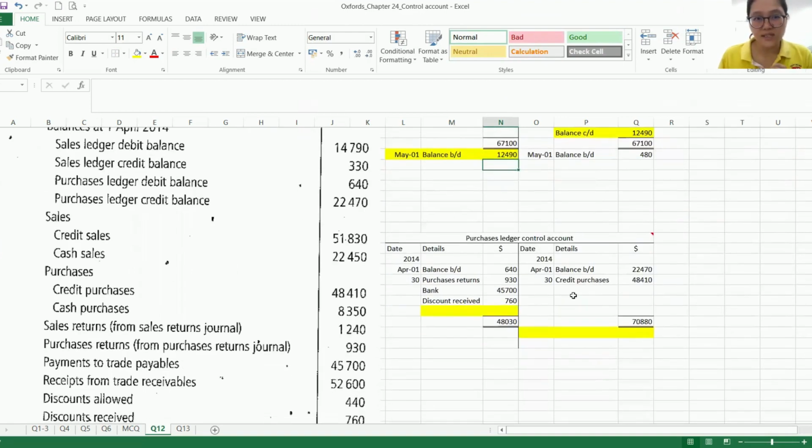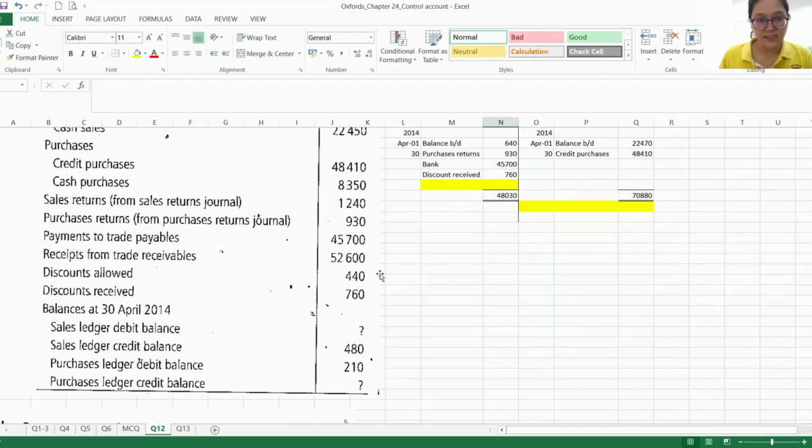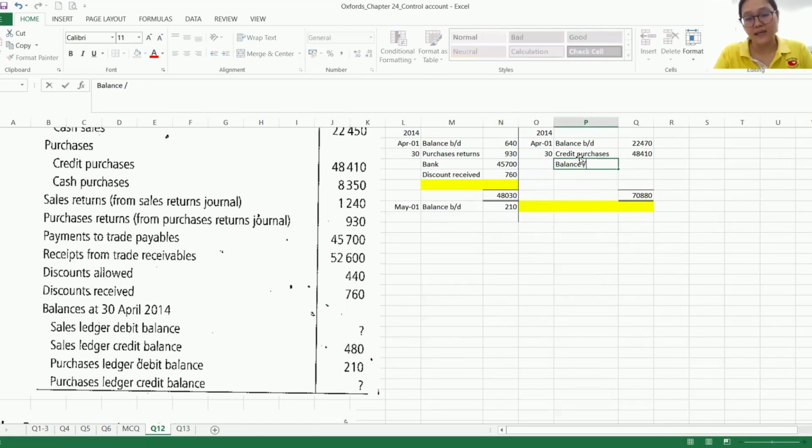So we settle the sales ledger control account, and we move to the purchases ledger. For the purchases ledger control account, the debit balance they give to us means that in here we have May 1st balance brought down. So this is meant for the debit balance 210. In here we also have to put balance, but it's a carry down. Before the end of the month it is a carry down. After the end of the month it is a brought down.